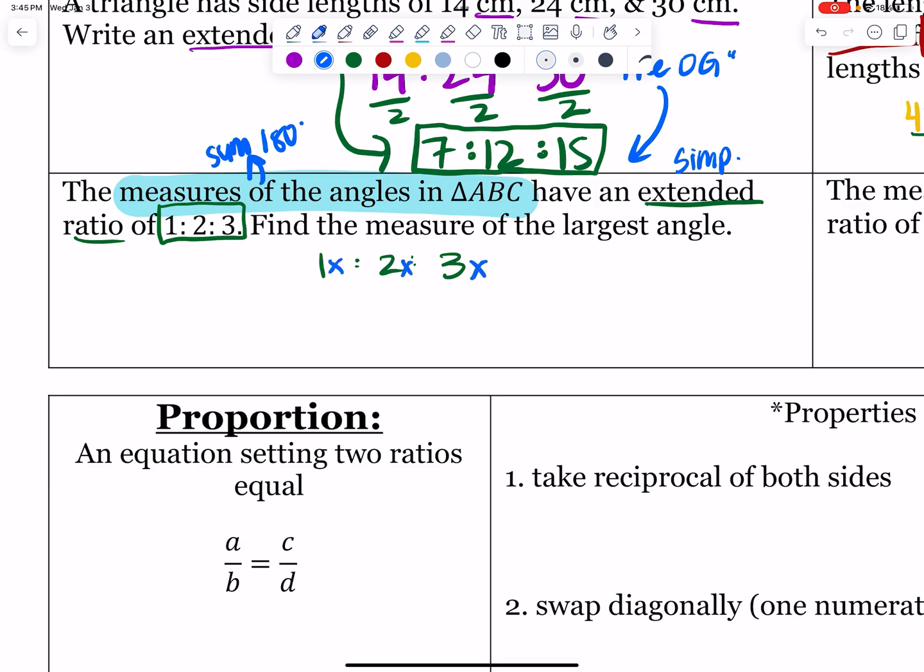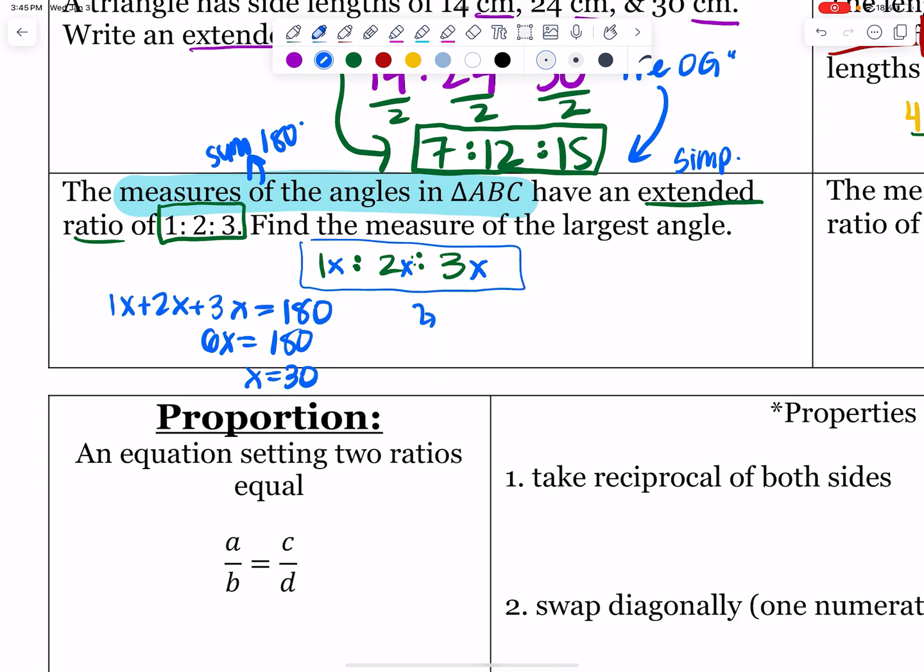I have taken the same amount out of each of these pieces of this ratio. And I'm going to say, okay, well, I know that 1x plus 2x plus 3x should have a sum of 180. And then I can just combine some like terms. So if 6x equals 180, then x equals 30.